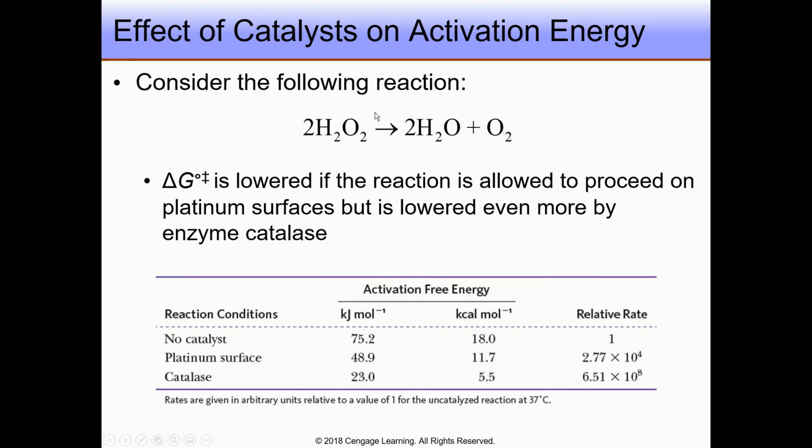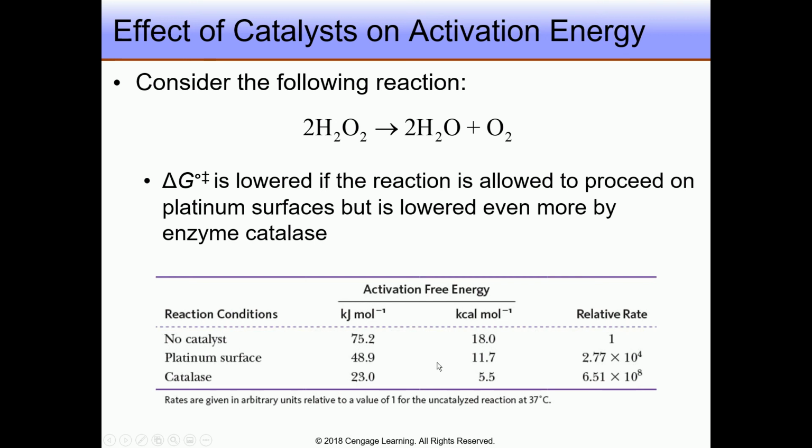So this is basically showing you this reaction in which hydrogen peroxide is getting broken into water and oxygen, and for this reaction it is shown here that this is the activation energy, which is in kilojoules per mole, this is kilocalories. So you can see that the amount of activation energy required for this reaction to take place, if there is no catalyst, is 18 kilocalories.